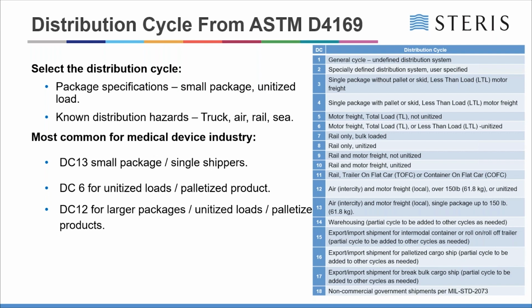One that's starting to become more prevalent is distribution cycle 2, where you can actually design and develop your own sequence of tests. So if you have a particular issue that's been noted with a product, or you want to change the sequences within the distribution cycles that are listed, you can do that using distribution cycle 2. So it allows you to choose what testing is done and how it's done.